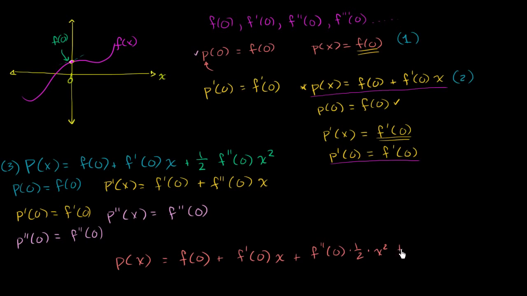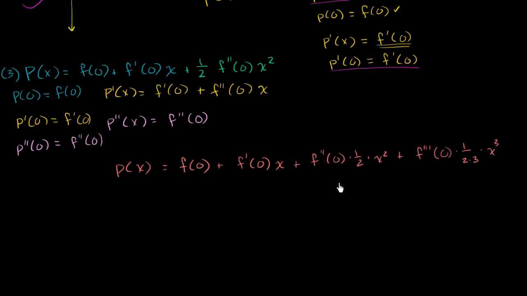Then the next term, if we want to make their third derivatives the same at 0, would be the third derivative of the function at 0, times 1/2 times 1/3, so 1 over 2 times 3, times x to the third. And we can keep going. Maybe you'll start to see a pattern here.